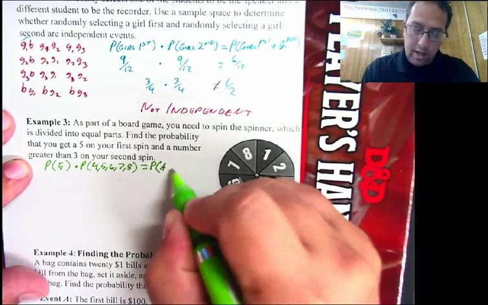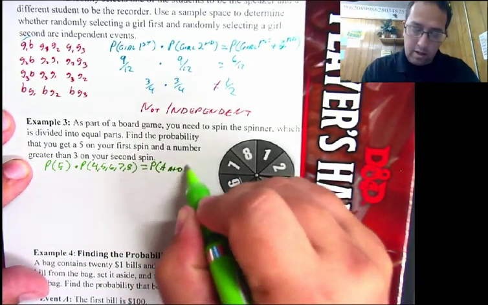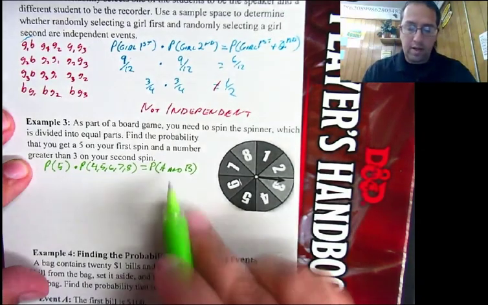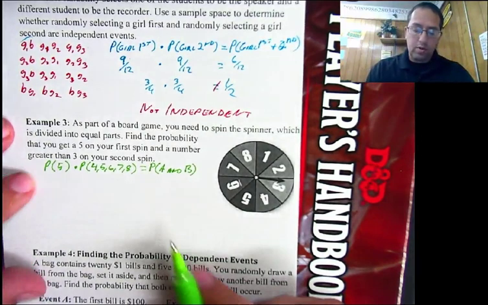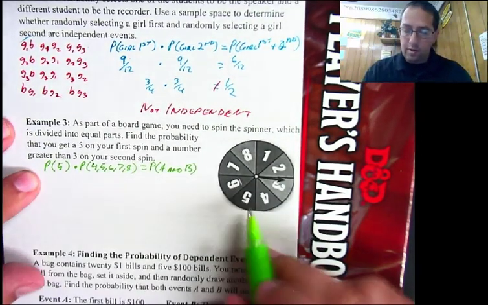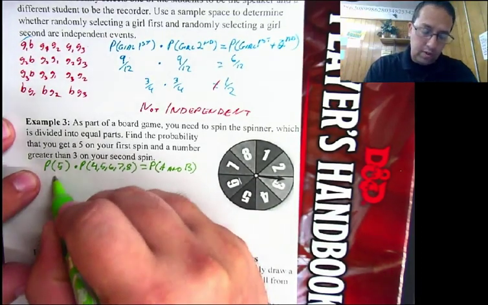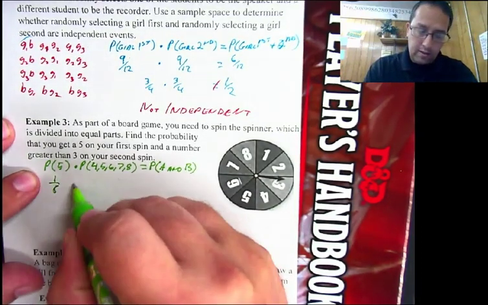Probability of A and B. Probability of this and the probability of that. That's what we're looking for. All right. So the probability that we get a 5, well, there's only one 5 and there are 8 numbers, so this would be 1 out of 8.